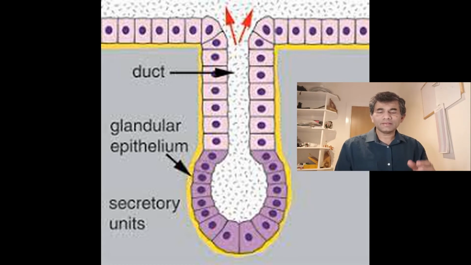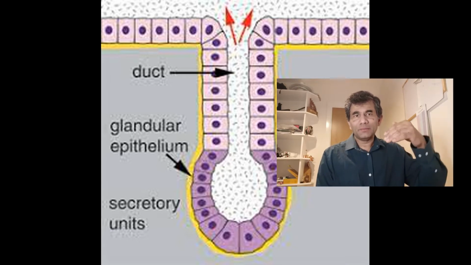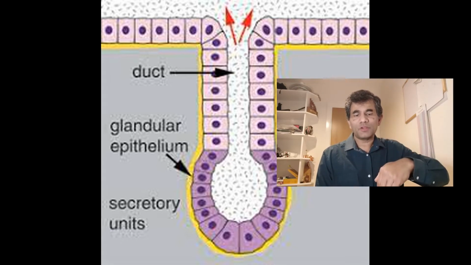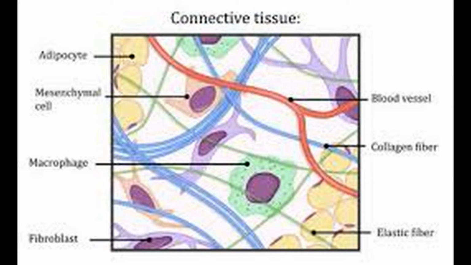Now, the glands are modified epithelium. A portion of the epithelium dips down, it folds inwards, and it gives rise to a multicellular gland. This epithelium, which specializes in secreting various substances, is called glandular epithelium.